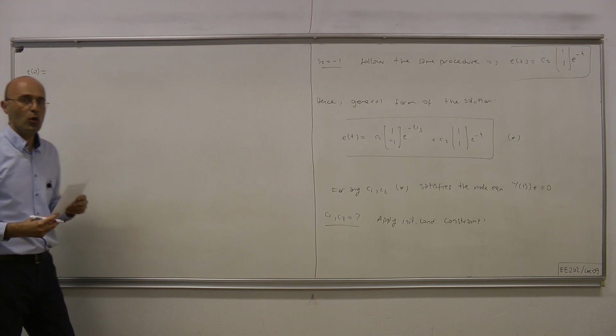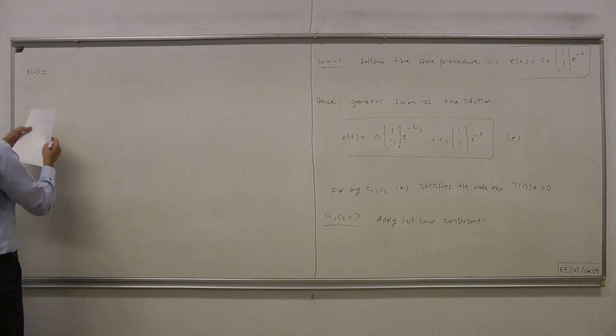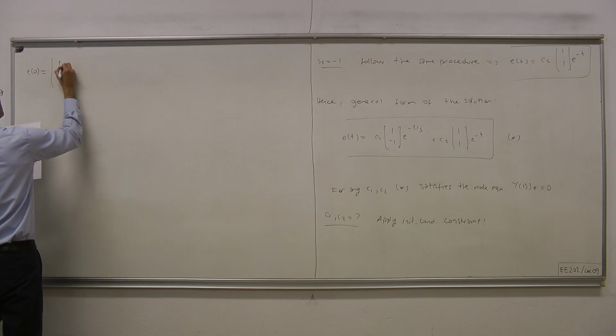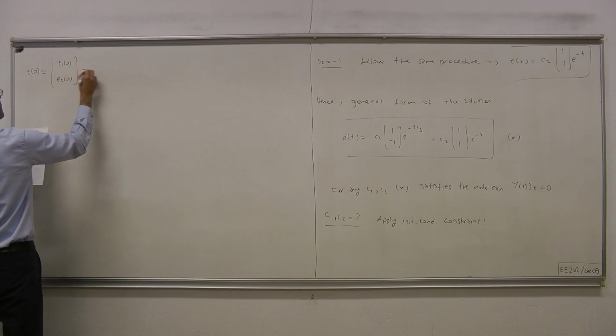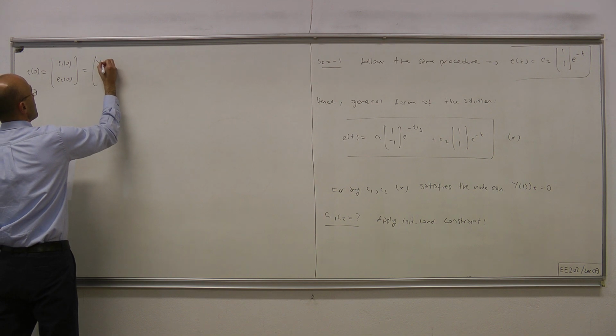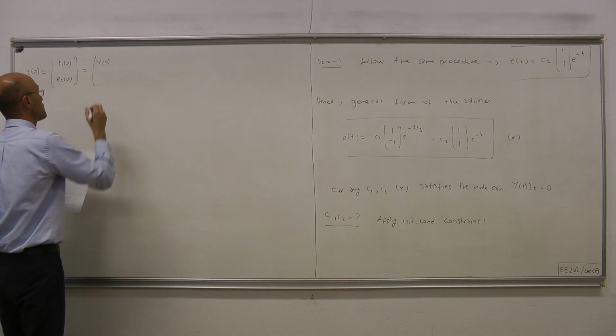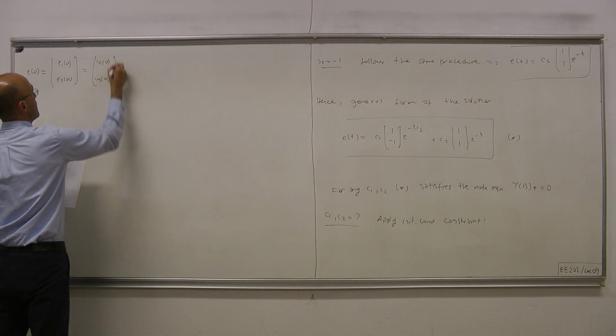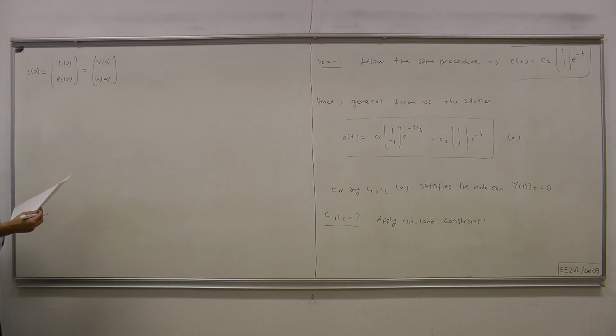What's the initial node voltage vector? By definition, that's E1(0), E2(0). And then remember the circuit. The first node voltage was the first capacitor voltage, and similarly for the second node voltage and second capacitor voltage.